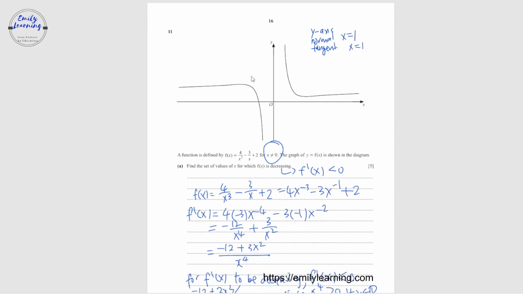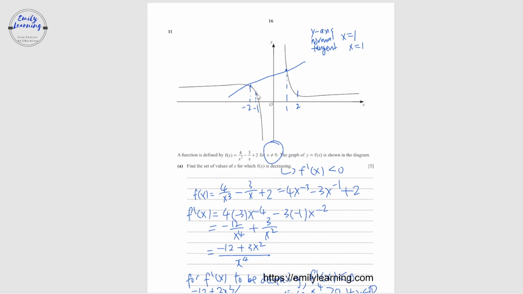We recall from part A that it's a decreasing curve from x equals minus 2 to 2, excluding 0. So I know that minus 1 is somewhere around here. Let me draw out the normal at x equals 1. This is a tangent, so the normal should be something like this.